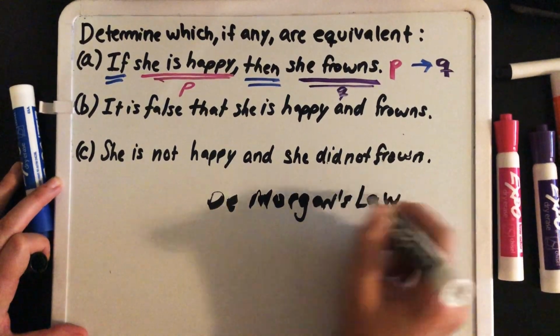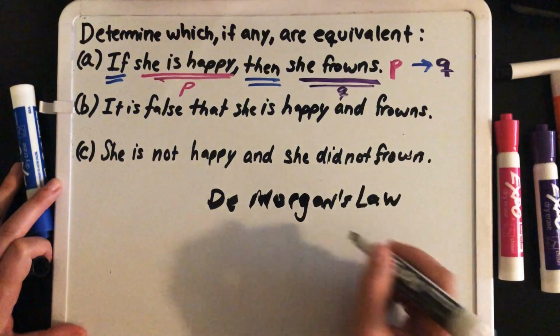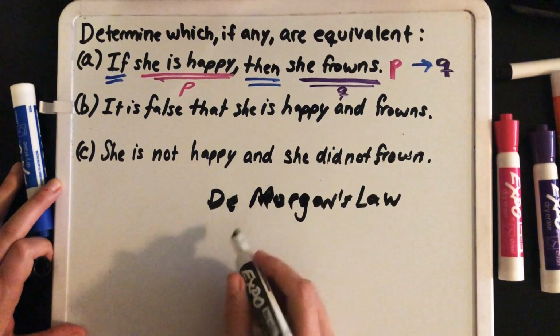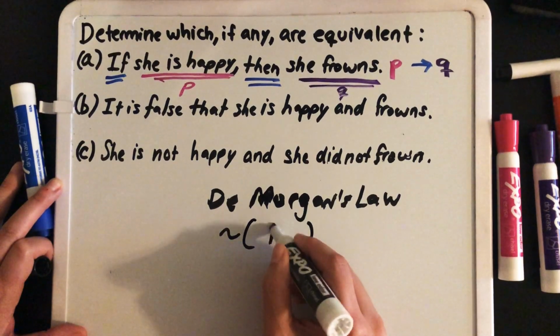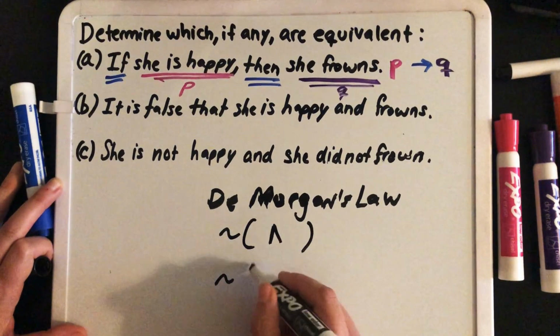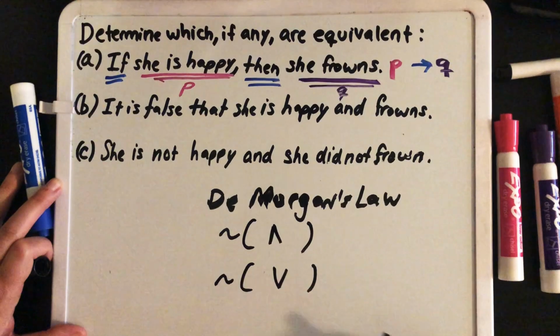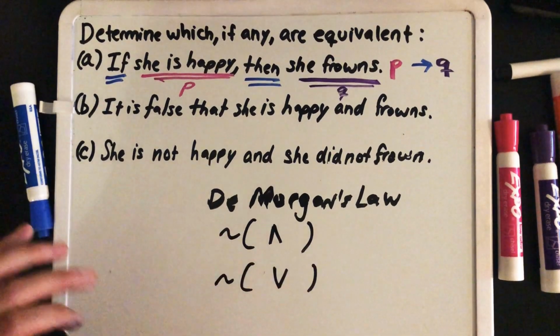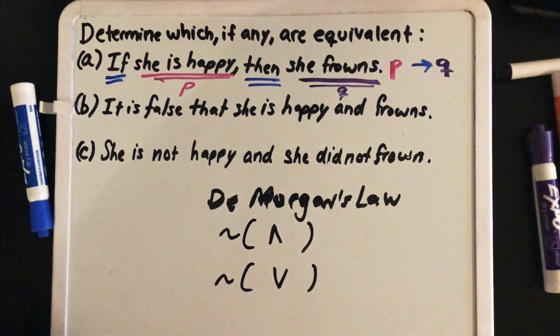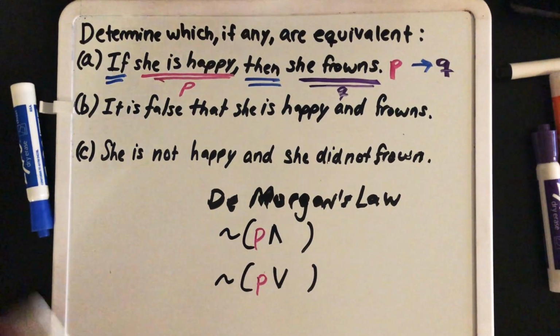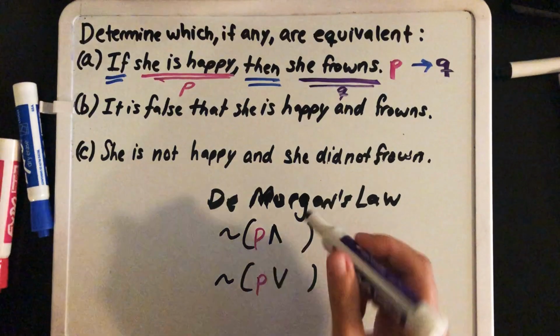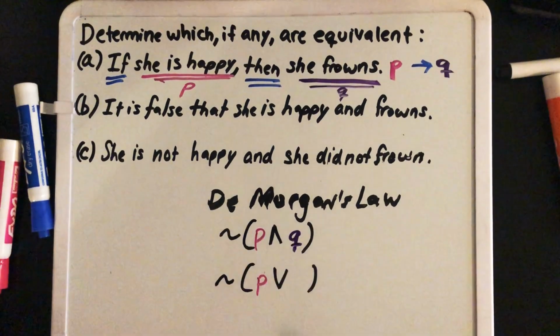De Morgan's law works for equivalent statements when you're talking about negating an and statement or negating an or statement. So if I had, let's say, the negation of P and Q, what would that be with De Morgan's law?